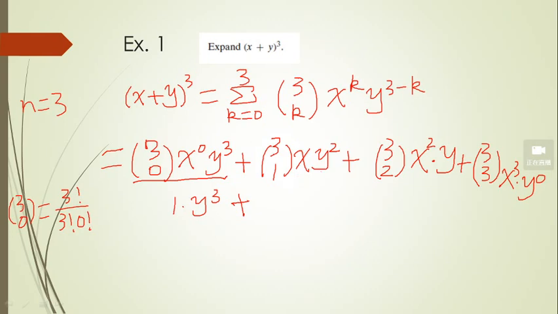How many choices? You can have x1, y2, y3, or y1, x2, y3, or y1, y2, x3. Of course, it's 3. So this combination is 3, which means out of 3, you choose 1. How many different choices? 3, of course, without doing the combination formula. So that is 3.